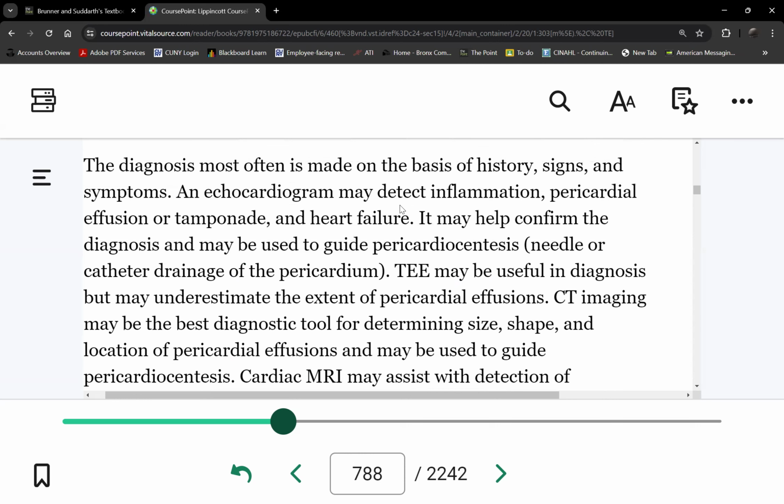Whenever you have a patient diagnosed with pericarditis, what is your priority assessment? What are you looking for? Manifestations of cardiac tamponade. What are those three again? Beck's triad: hypotension, jugular vein distension, and muffled heart sounds.